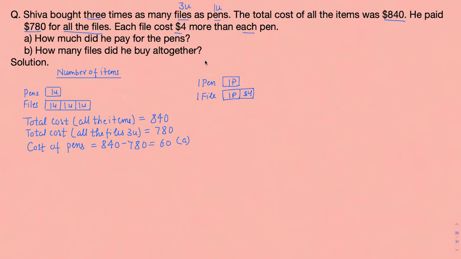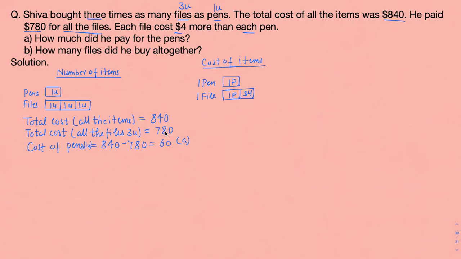Here we are talking about the cost of items. So from here we got that the cost of one pen is $4 less than the cost of one file. Now this is the cost of 1 unit of pen, because the pens are only 1 unit, so the cost here is only for 1 unit.